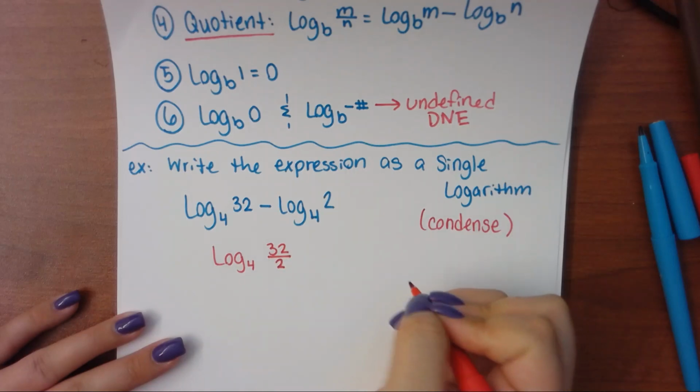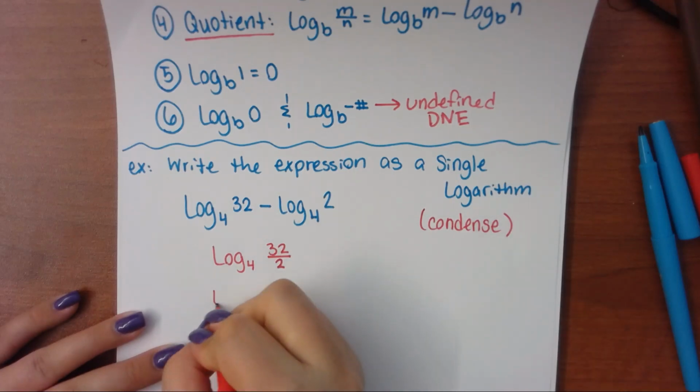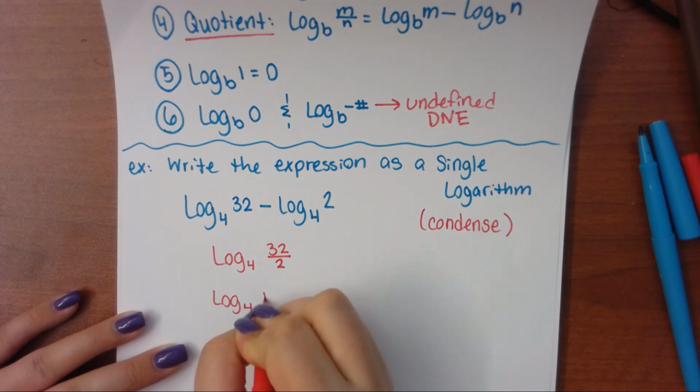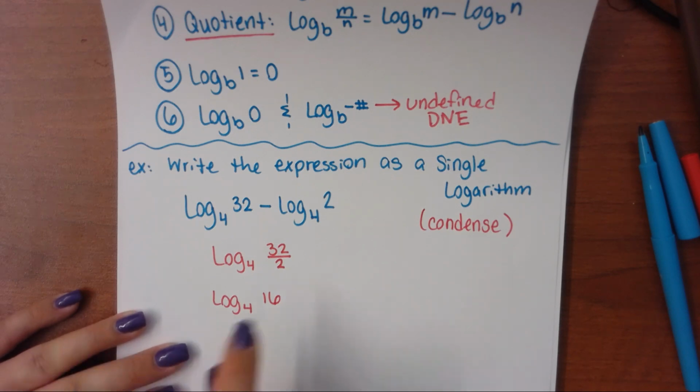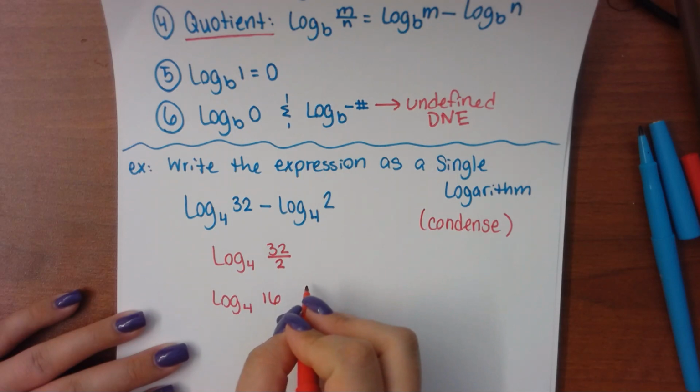So log base 4 of 32 divided by 2. I can actually simplify these numbers. Log base 4 of 16. And then now we have to think, okay, can I simplify this even further? That would be log base 4 of 16. I can simplify it by writing 16 as 4 to the second power.